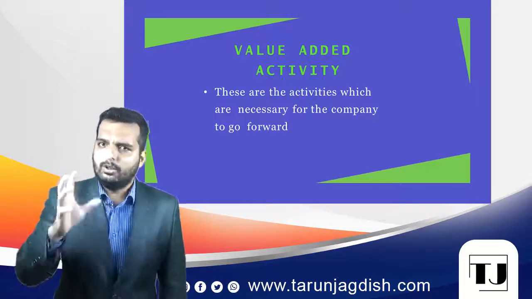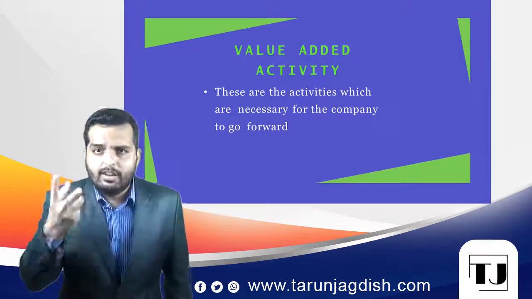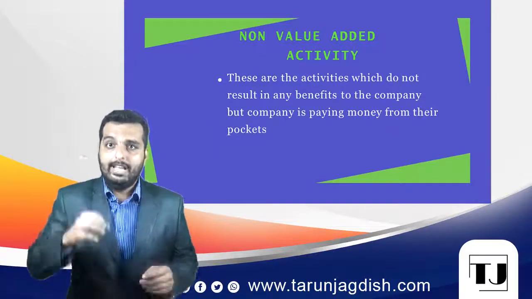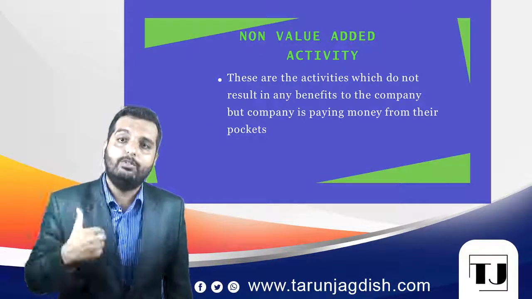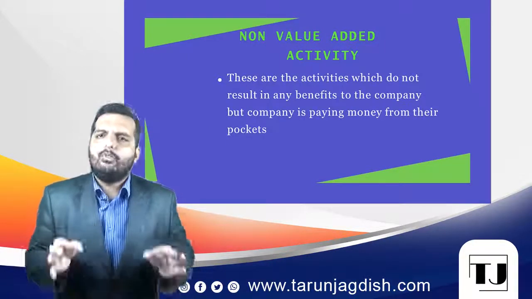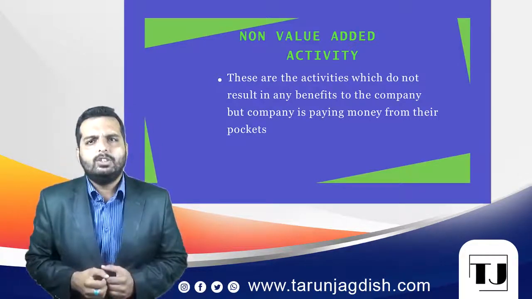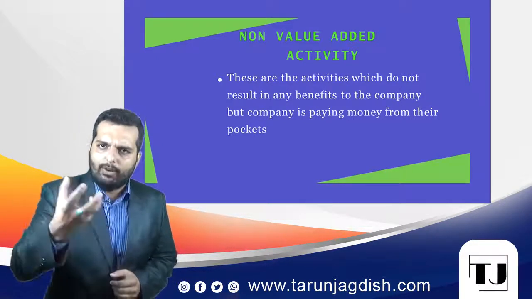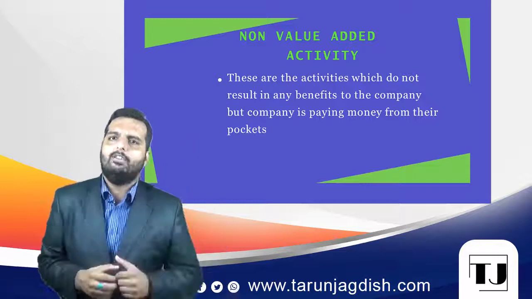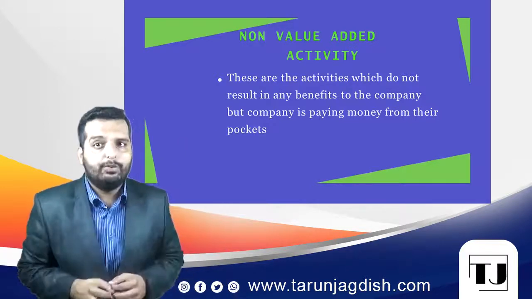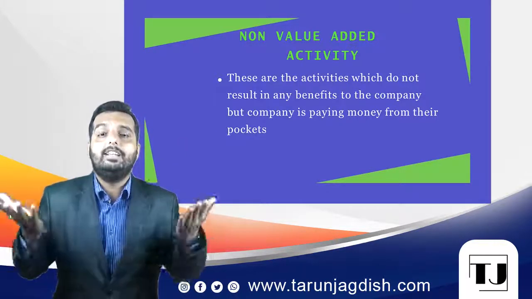Non-value added activities are those which do not result in any benefit to the company, but the company is paying some money for them from their pockets. So friends, if we remove all the non-value added activities from the process and only retain the value added activities, the benefit the company will get will be amazingly high.